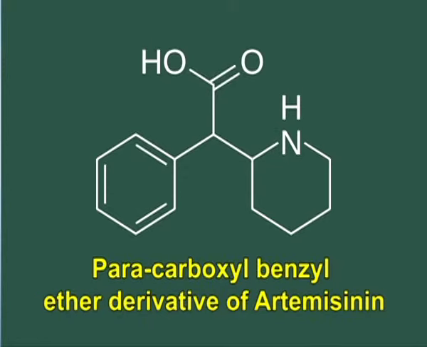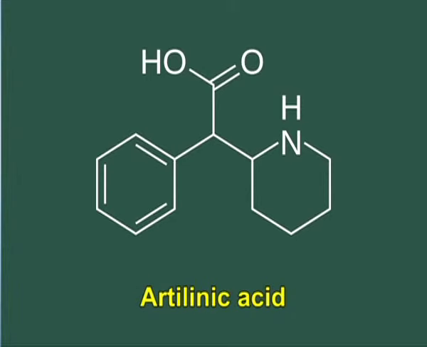But the drawback of this compound is that it contains an unstable hemiester linkage and undergoes rapid hydrolysis to dihydroartemisinin. To overcome both these problems, a para-carboxy-benzyl ether derivative of artemisinin, that is artelinic acid, was prepared, which is water soluble in nature and does not show hydrolytic instability.